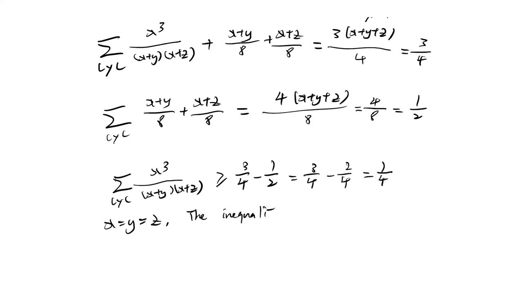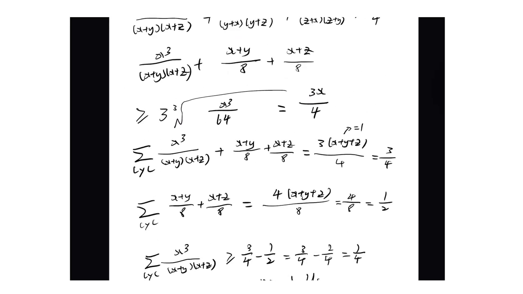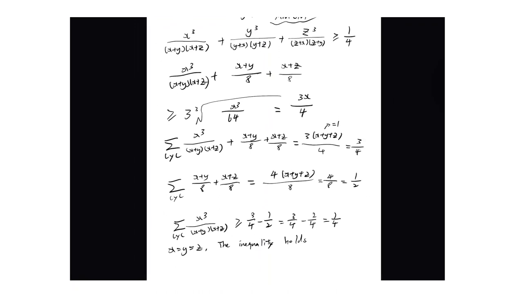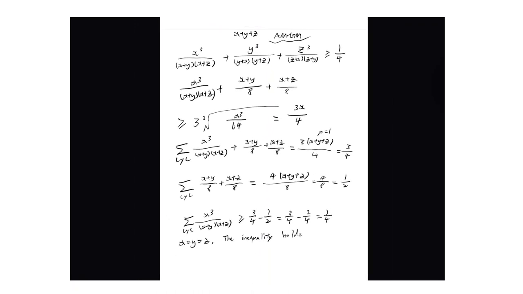And we've successfully proved that the inequality x cubed over x plus y times x plus z, plus y cubed over y plus x times y plus z, plus z cubed over z plus x times z plus y is larger or equal to 1 over 4, using the AM-GM inequality and the fact that x plus y plus z equals 1.